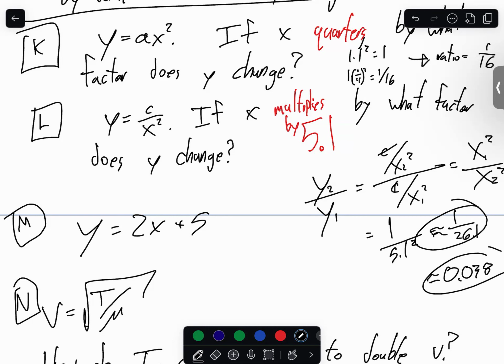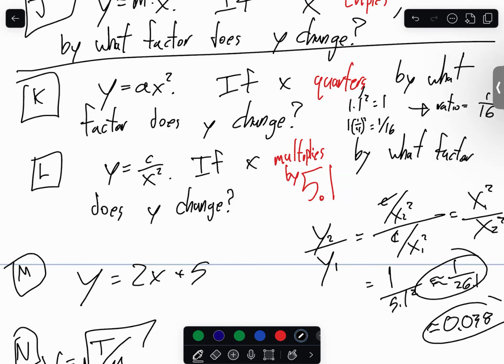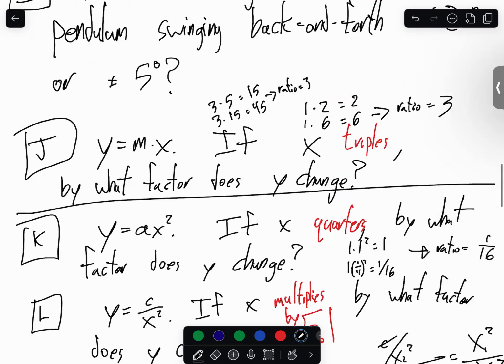Okay, notice what's the common theme. First one, x triples, a multiplier of 3. How is x acting in this equation? It is linear, it is proportional. Y is directly proportional to x, x to the first power. If I take 3 to the first power, I get my answer, 3. Second one, x is to the second power.